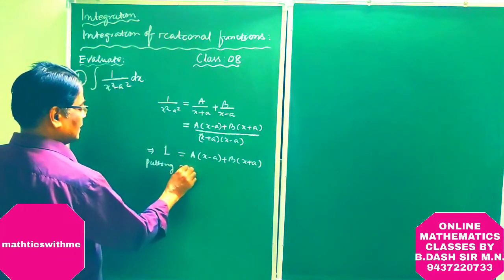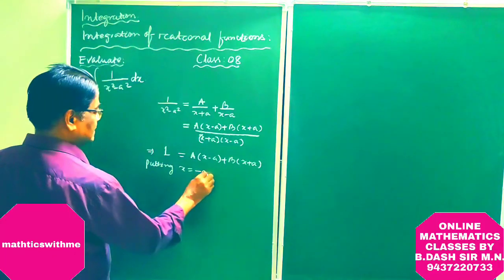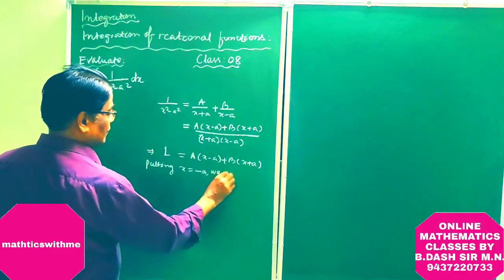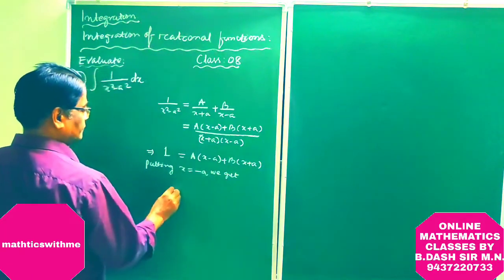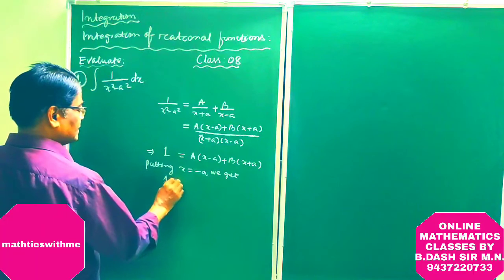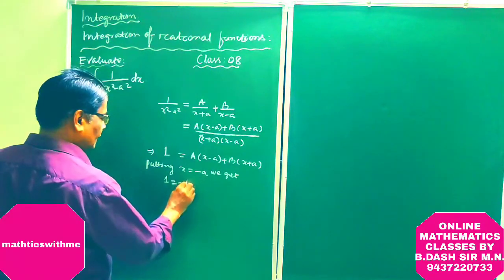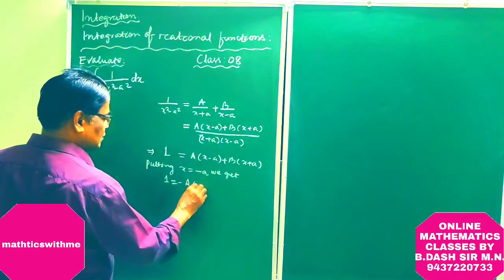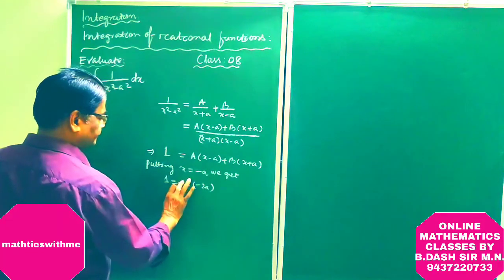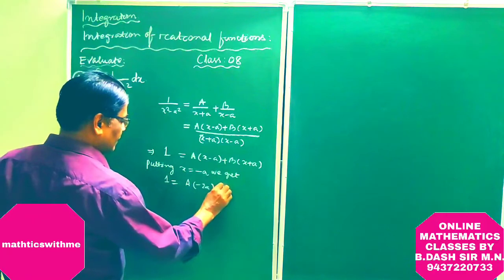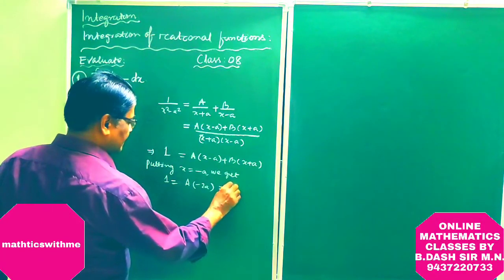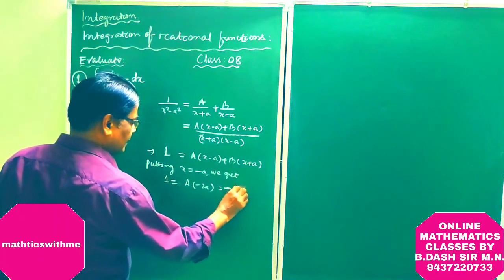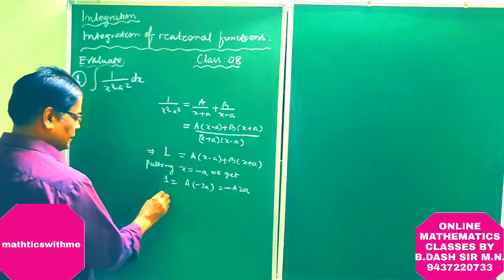Putting x is equal to minus a, we get 1 is equal to A into minus a minus a, which is minus 2a.